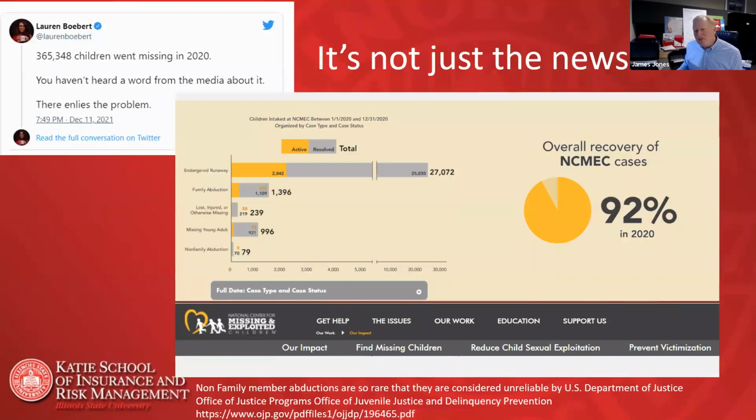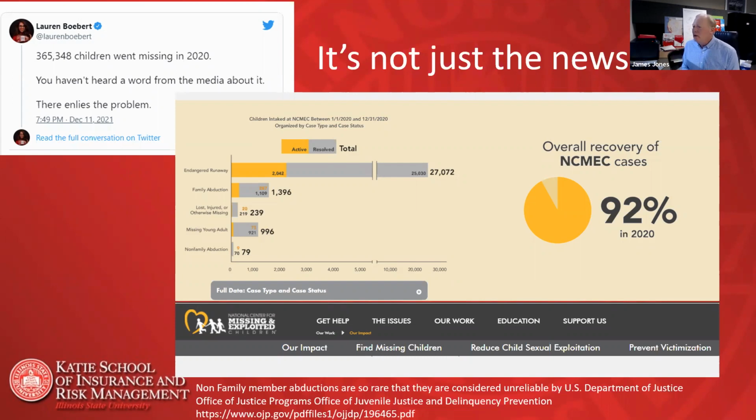Okay, and it's not just the news media that is out there trying to get eyeballs. We also have politicians who, honestly, the way they get funding, the way they get votes, is to get people's eyeballs on them.